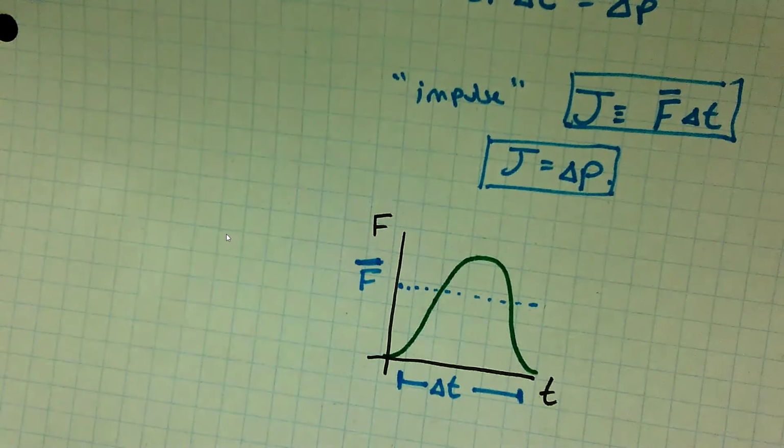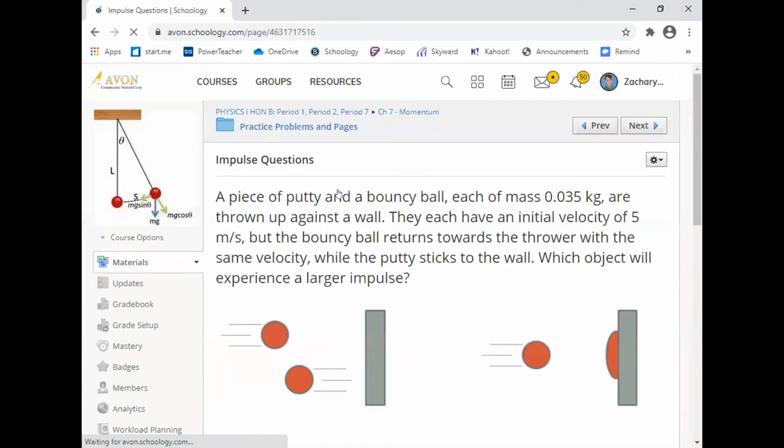I'm going to change over here to some questions we can think about with this. All right, here's the first question. I'm going to give you a moment to discuss it with your partner. Let's imagine we have two balls that are the same size, same mass, but one of them is a piece of putty and the other one's a bouncy ball, right?